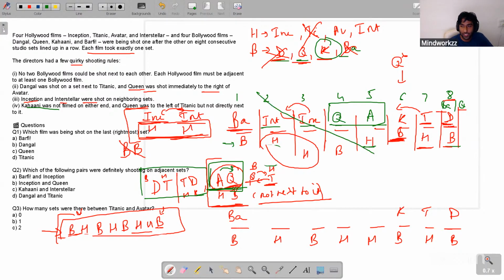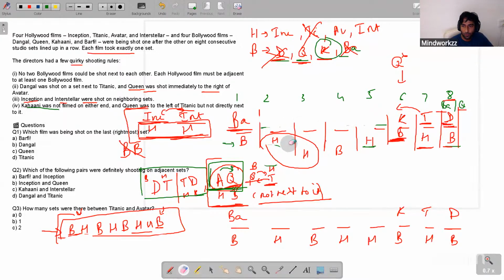So then this case will get rejected, and hence the second case will be valid, wherein you have Inception, Interstellar, of course, interchangeable, and then you have Avatar and Queen here. And this completes your set. And maybe instead of the crosses, I could write it on the top only. So this gets rejected, right?